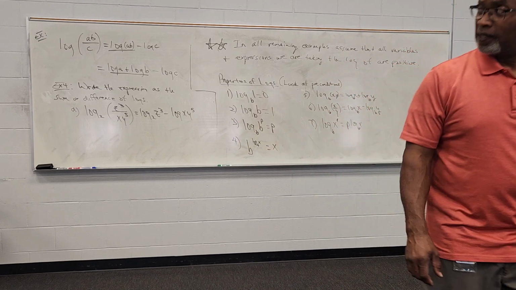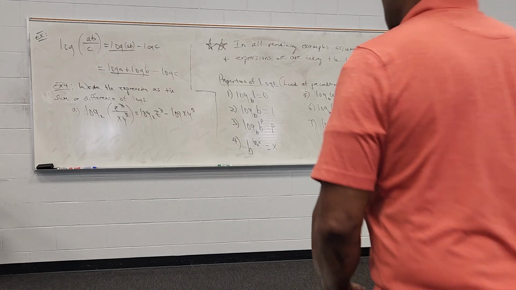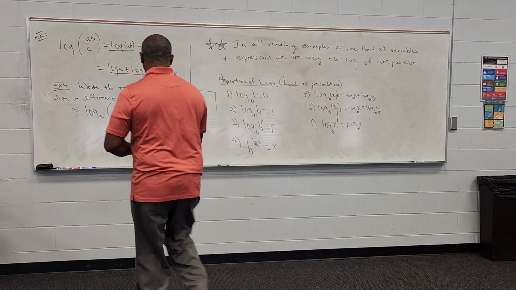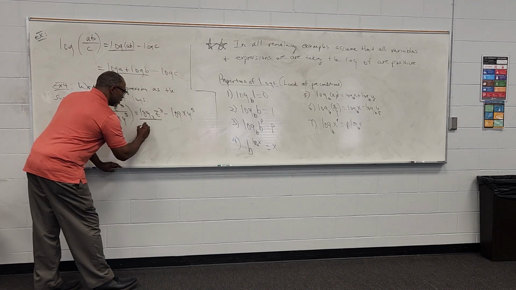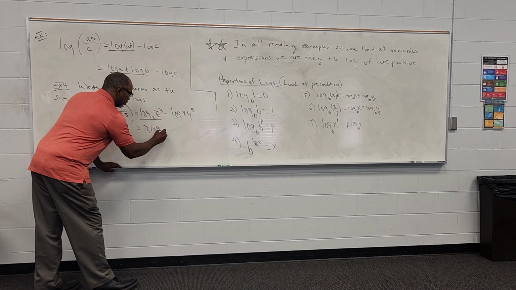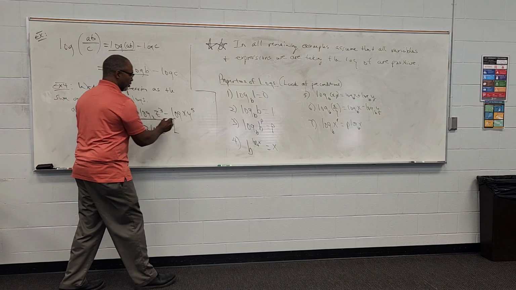Well, again, they want me to expand this as much as I can. So I've got a couple more things I can do. Right here, I can apply my power rule. So I'll get 3 log to the base 2 of z minus, I'm going to put a parenthesis here or a bracket.